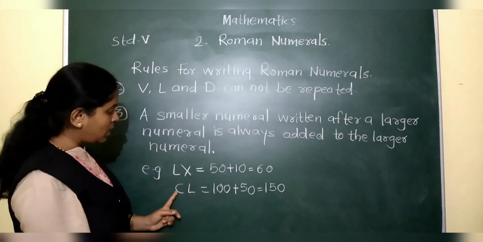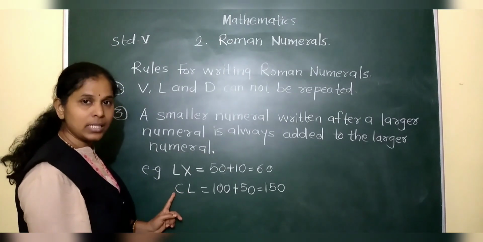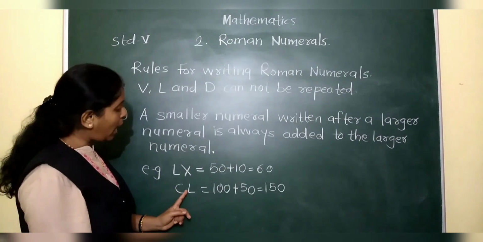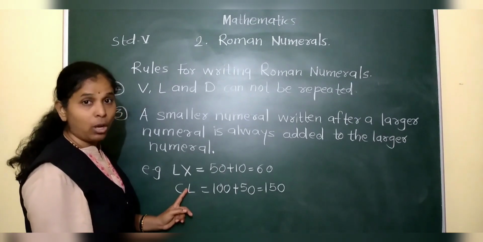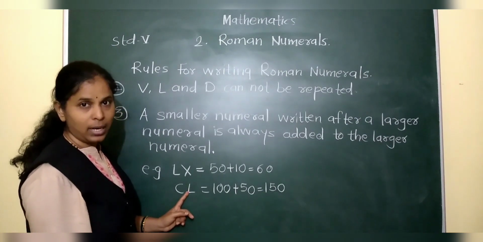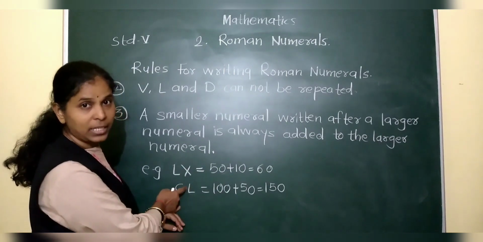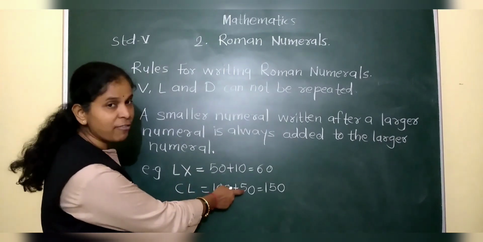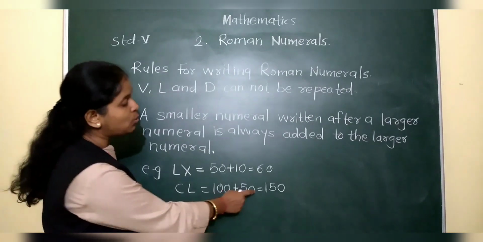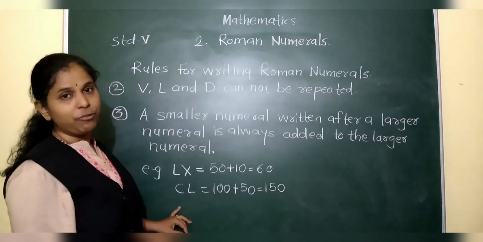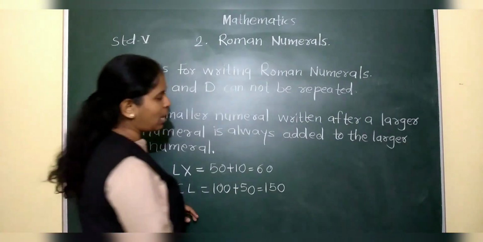Another example, see, CL, where C stands for 100 and L stands for 50. Now 50 is smaller than 100, correct? And L appears after the larger numeral, that is C. So we have to add 50 to 100. So it becomes 150. Now one more example I will show you.